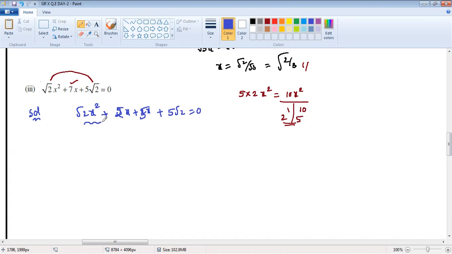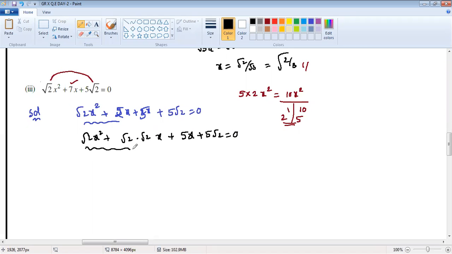If you see, in these two there is nothing common. But we can keep root 2 x square as it is, and this 2x we can write as root 2 into root 2 x. Am I right? So root 2 into root 2 is 2. Then 5x plus 5 root 2, which is equal to 0.